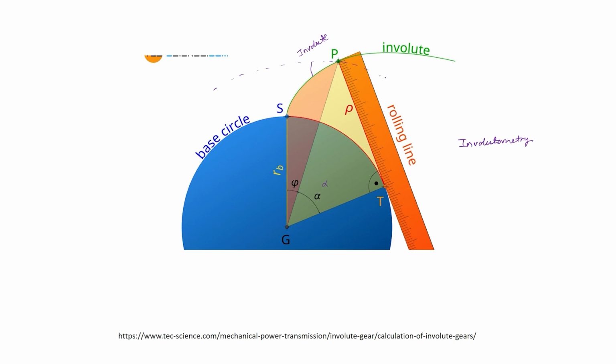This is the pitch circle. Or in general, you may say that any general point is there and the angle PGT is alpha, and the angle PGS, where S is the point on the base circle from which the involute tooth profile was generated, is phi.